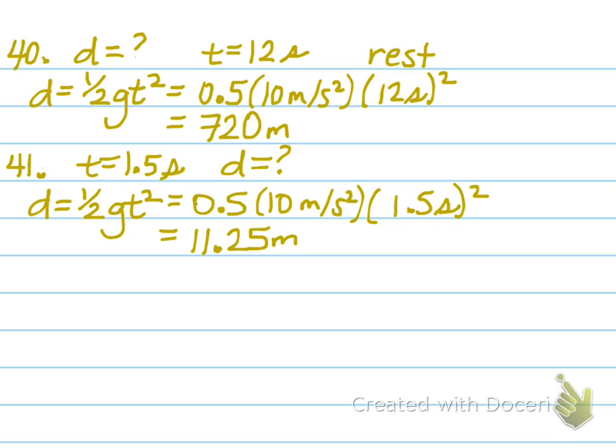After 41, we're going to skip to number 43, letter A. If a freely falling rock were equipped with a speedometer, by how much would its speed readings increase with each second of fall? So it's saying we have our rock and each second, what would its speed change by?